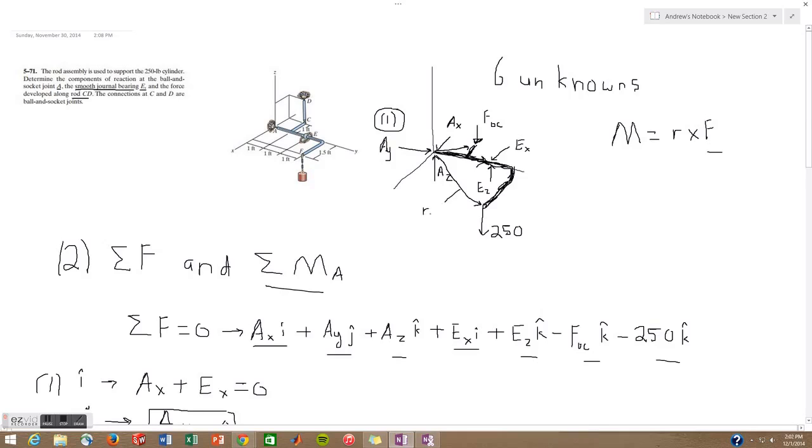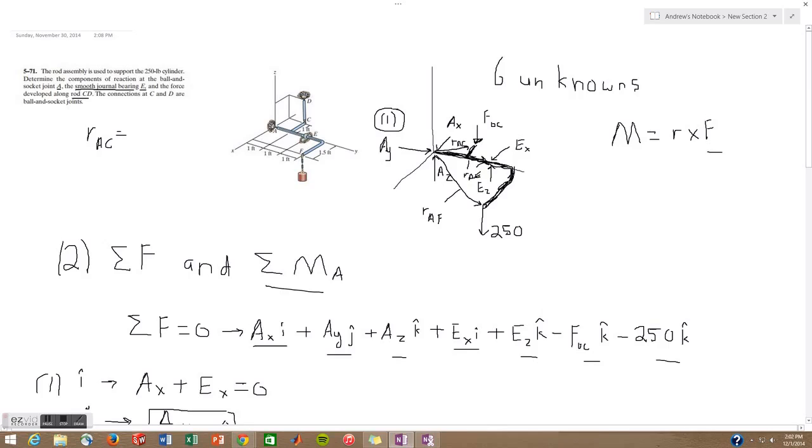Here's the r for AF, and we're going to have to solve for that. It's just a distance. Since we're doing the moments at A, it's the distance from A to whatever the force is. So we're going to need an RAC, an RAF, and an RAE in order to perform the sum of the moments.